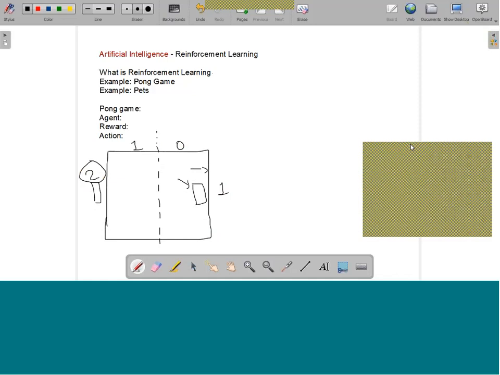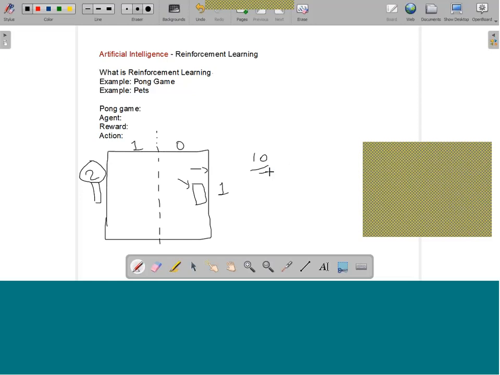This is the game. Consider here you are playing the game for about 10 minutes. After 10 minutes, the game will be over. So this is the time limit, and according to that time you have to play the game. Now after 10 minutes, what will happen? One player will win, one player will lose.